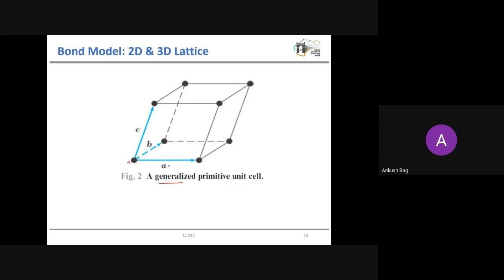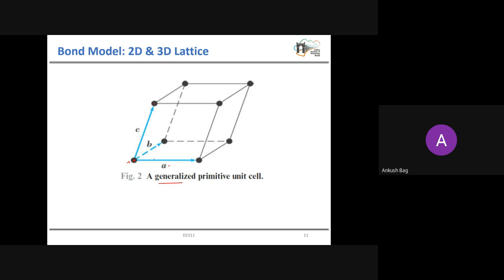This a, b, c, these three values are the absolute measurement of the distance between the atoms. They can be the same or different: a equals b equals c, or it may be possible that a equals b but not equal to c.